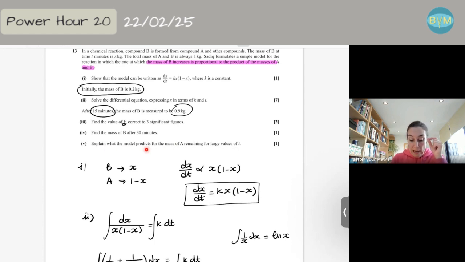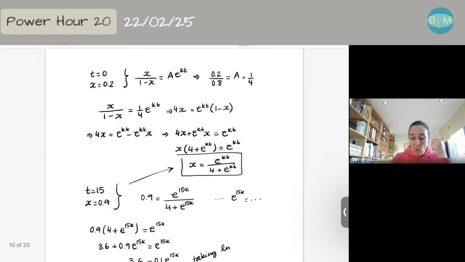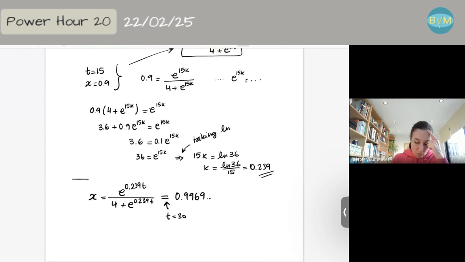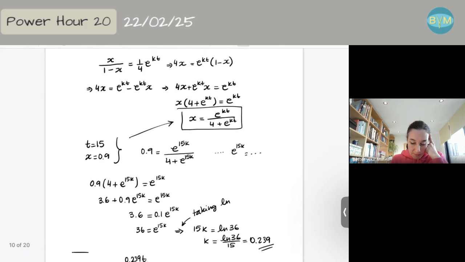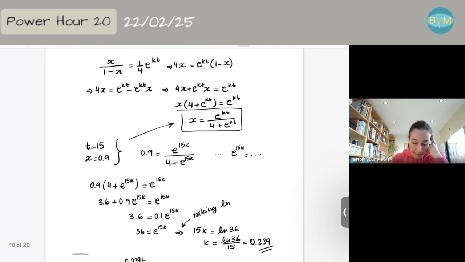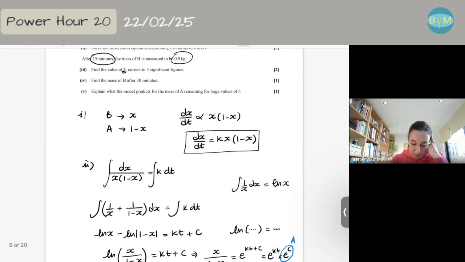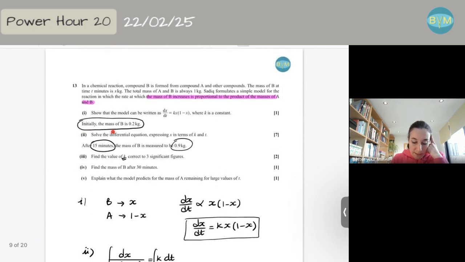So we don't know the mass of A, but we know it is 1 minus the mass of B. So maybe we can think about B and then decide for A. When t increases, what do we see happening? When t was 0, mass of B was 0.2.